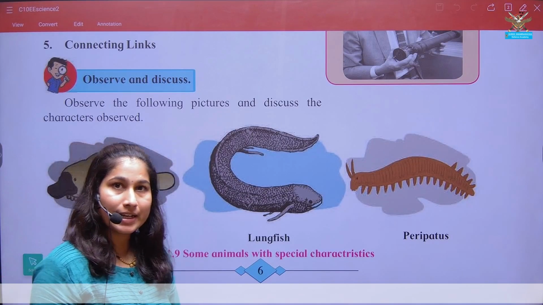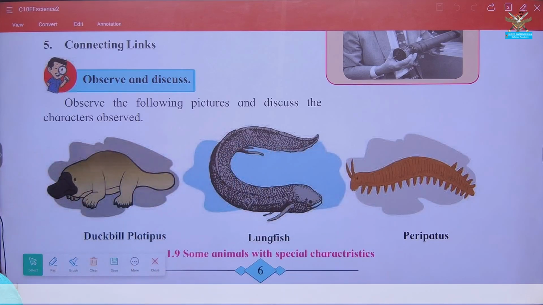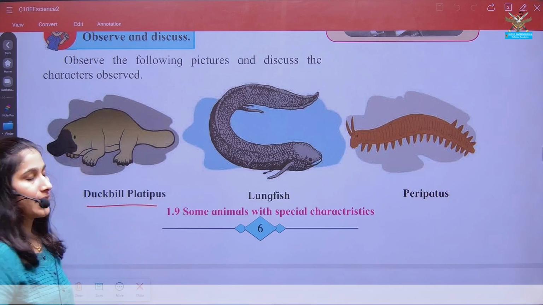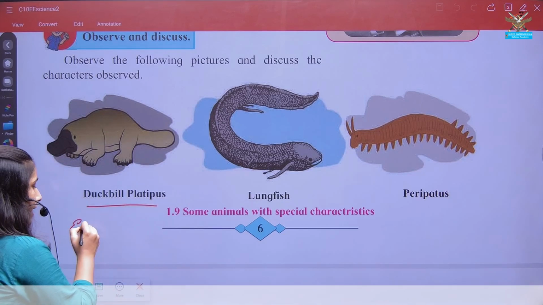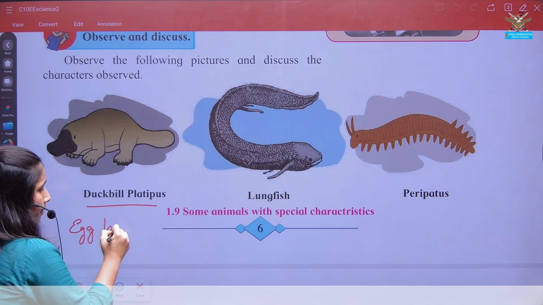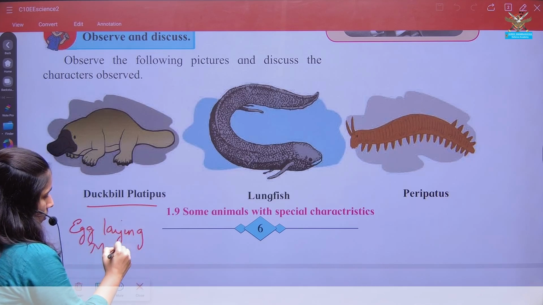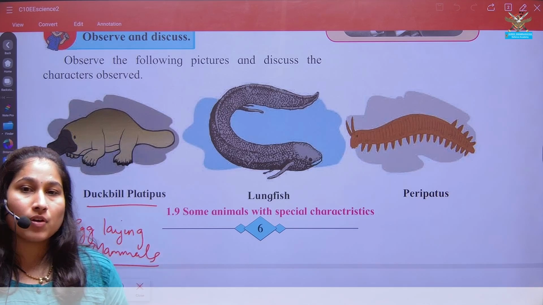So connecting link, what can you understand by this concept, connecting link? So, duck-billed platypus. Duck-billed platypus shows characters. It is an egg-laying mammal. So mammals usually give birth to their young ones, right?